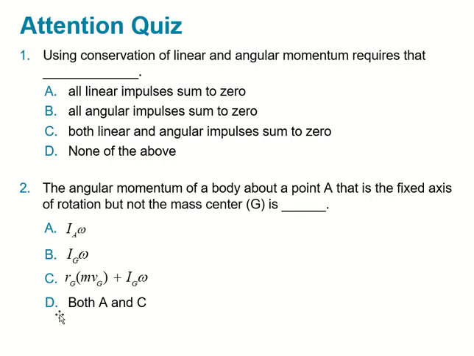So we can say both A and C, because this is just one point. There is another G point, but your question is saying it's happening about the fixed axis and the mass center, point A and G. So just A is wrong, just G is wrong, and this said both A and C. A is wrong, so how can it be A and C is right? So this is bang bang bang gone. Even if you don't know the formula, C is correct.